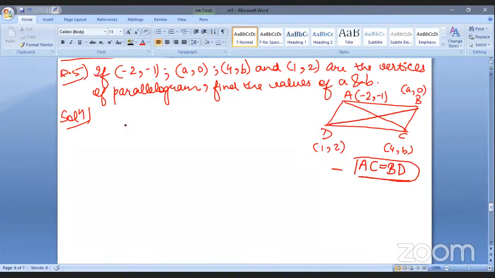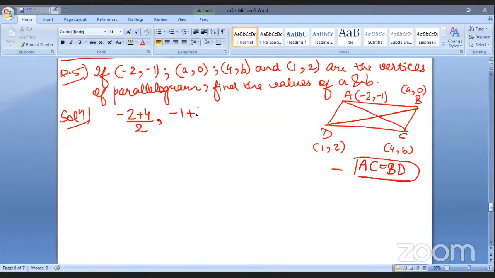One more thing: no, sorry, not the distance formula. Midpoint formula. We'll proceed in this way. For AC, the x coordinate would be minus 1 plus B by 2, and minus 2 plus 4 by 2.